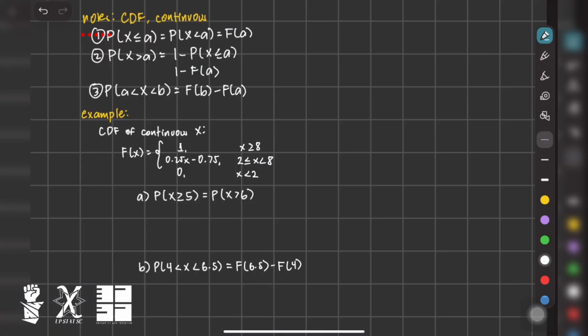So to add further, we will now solve for the cumulative distribution function for continuous variables. So what is a continuous variable to start with? Earlier we discussed what a discrete variable is, that it is finite or countably infinite.